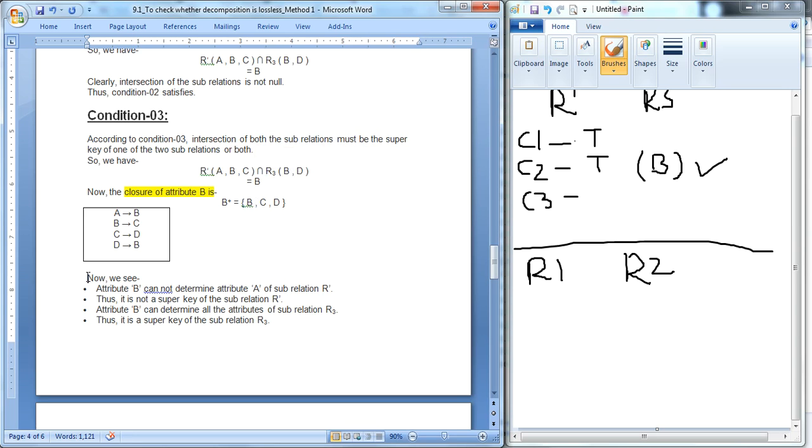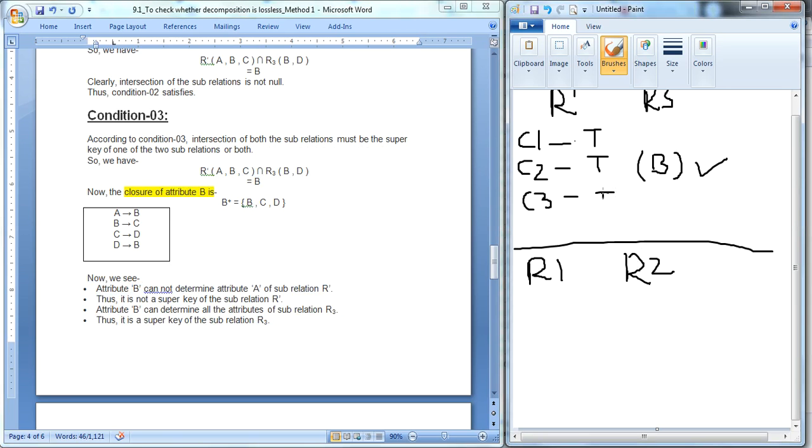This is simply the way to verify the super key: the given attribute, which is the intersection of the relations. If we get some value and that value is the super key, yes, that one is a super key, which is verified with the help of this way, finding the closure of that common value and then verifying the relations.